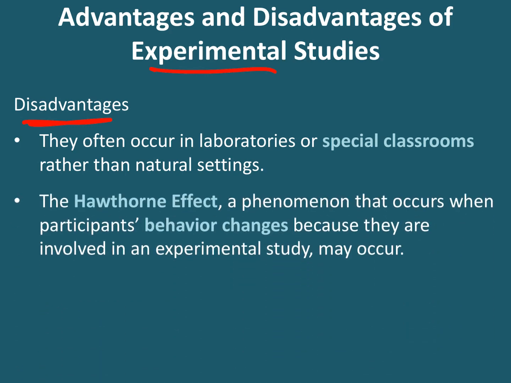Also, the Hawthorne effect. This is a disadvantage. The Hawthorne effect is a phenomenon that occurs when participants' behavior changes because they are involved in an experimental study. Okay? So it's kind of like the phrase when people say they're just putting on a dog and pony show.